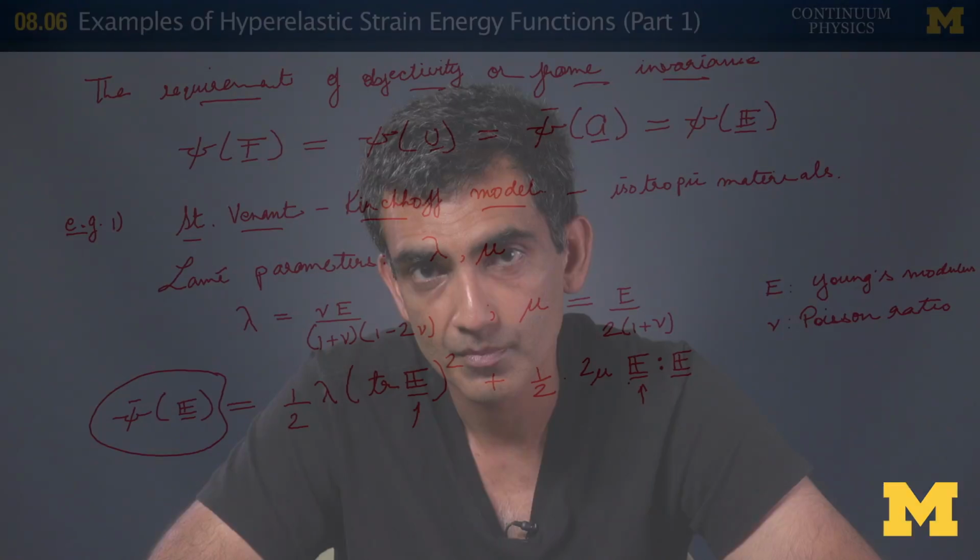And it is in this sense that the Saint Venant-Kirchhoff model is the simplest of the nonlinear elasticity functions. Also for that reason, it's the worst. It's the poorest model of nonlinear elasticity we have, which satisfies all the requirements, but still is not a very good representation of all the nonlinearity that actually exists in materials.